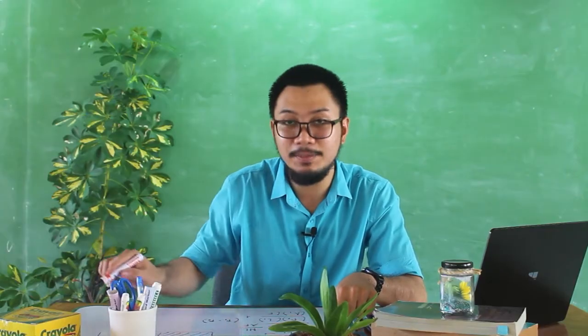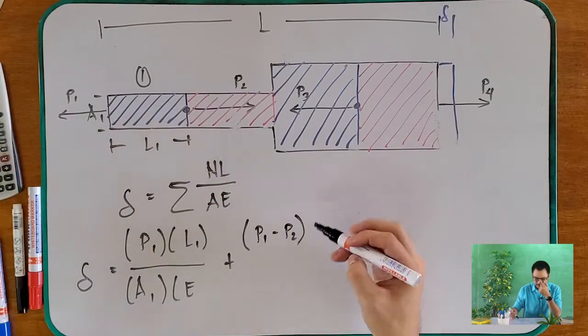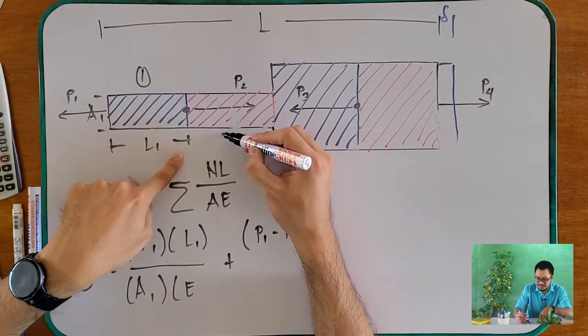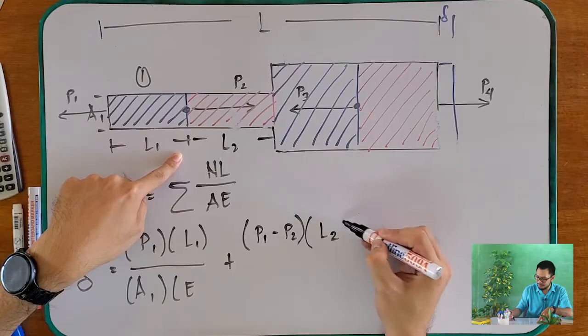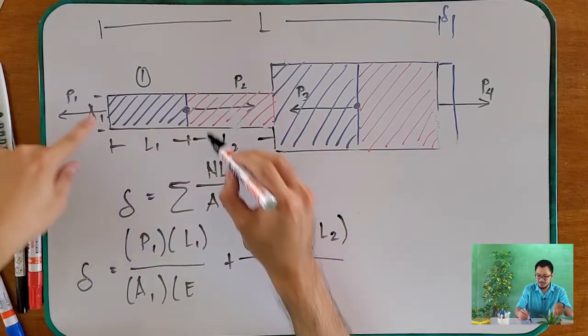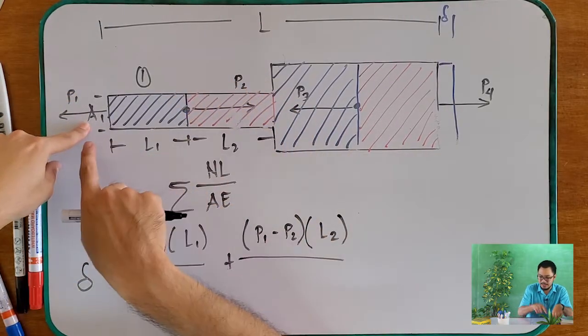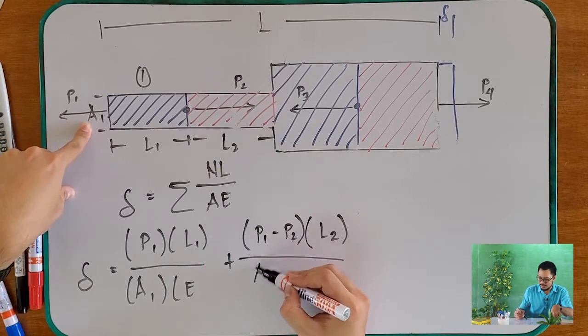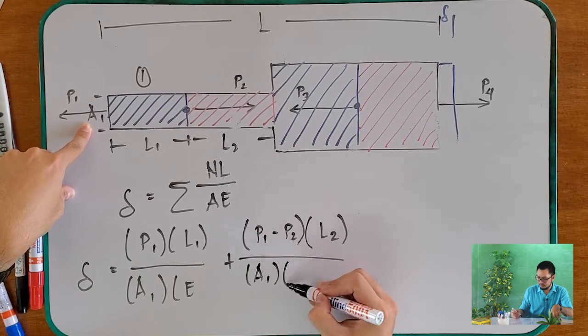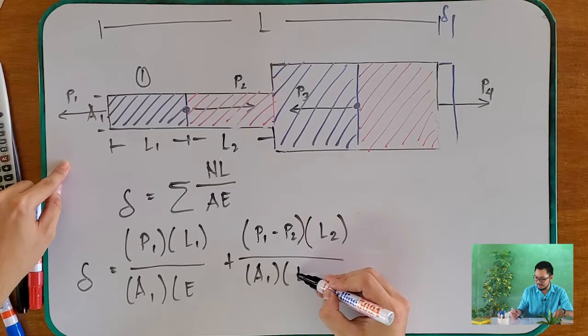Because P2 is pulling away here. So P1 minus P2, and this one is L2, over the cross-sectional area, which is just the same as your A1, so A1 times the modulus of elasticity, which is the same.